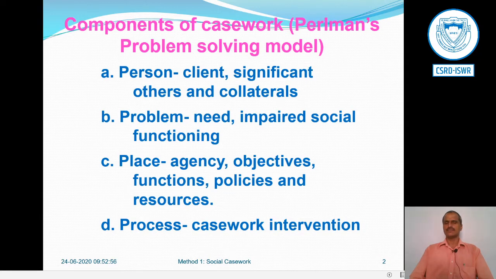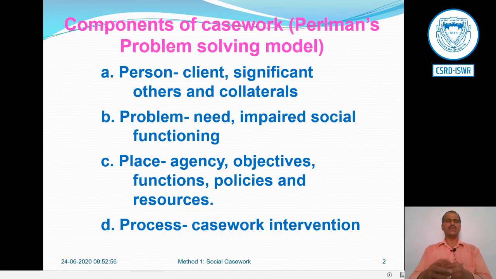Place in the context of social casework refers to an agency, a government or a non-government welfare agency. It is the agency set up where the client meets the professional, the social caseworker.